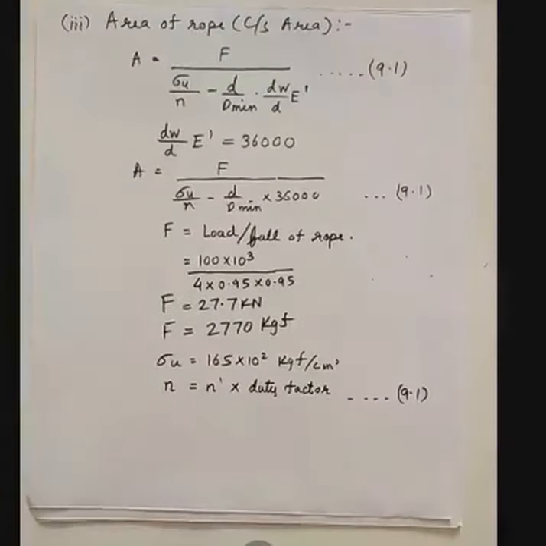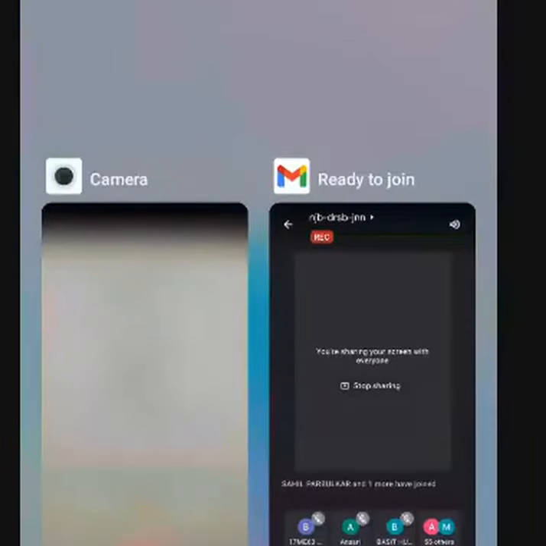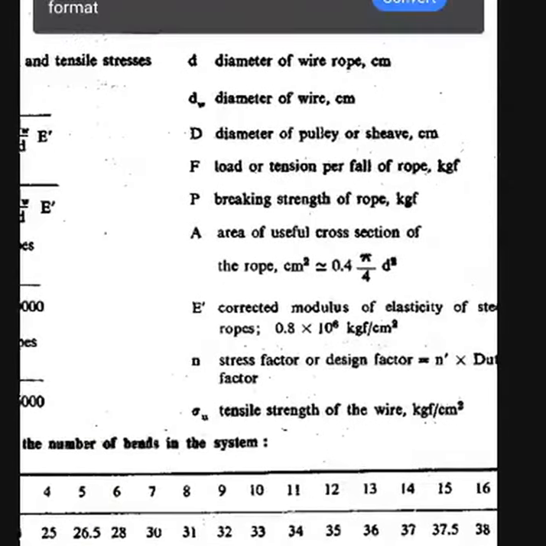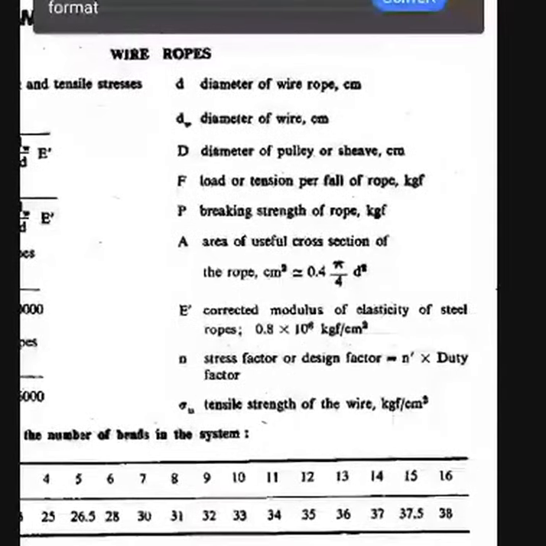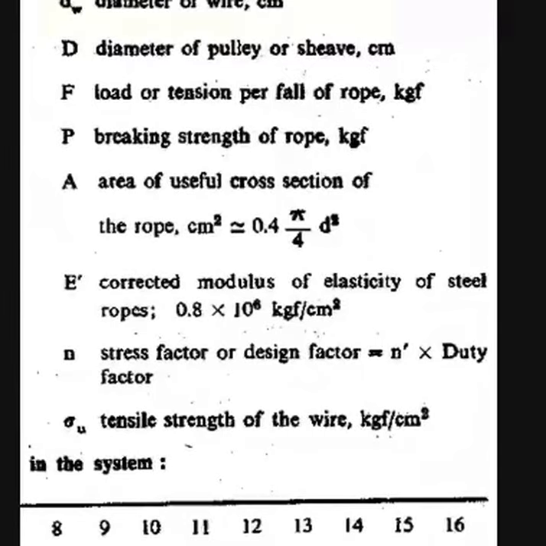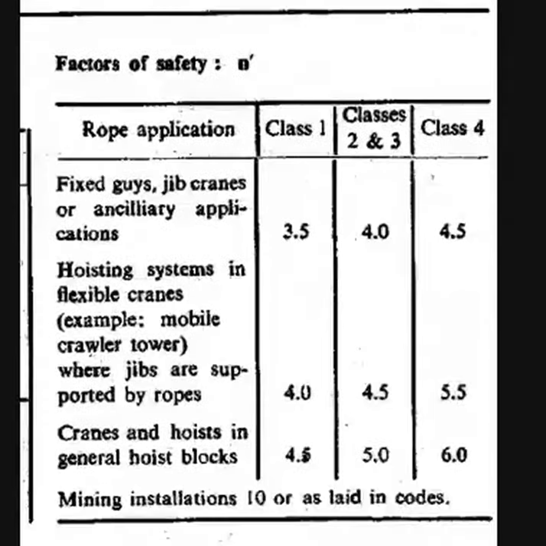I will take you to PSG 9.1. Here, stress factor or design factor, that is N dash into duty factor. Now what do you mean by N dash? Coming to N dash, can you see the table of N dash?